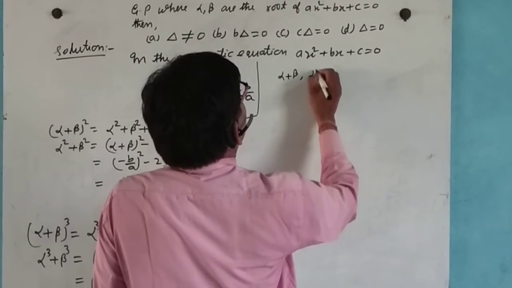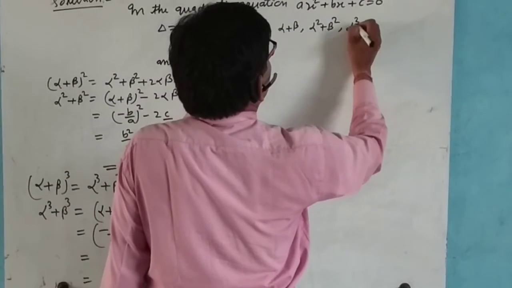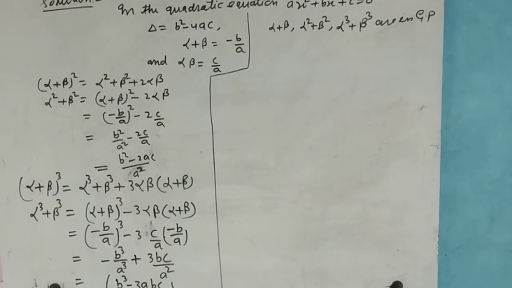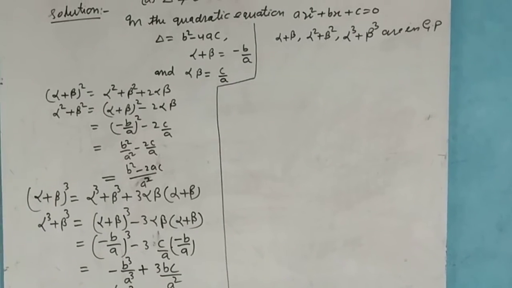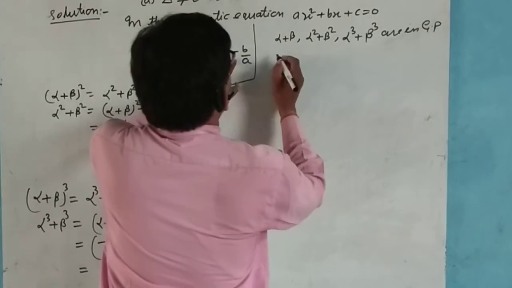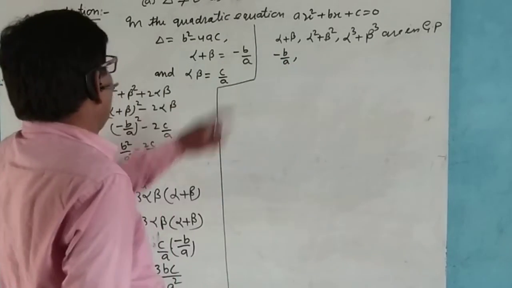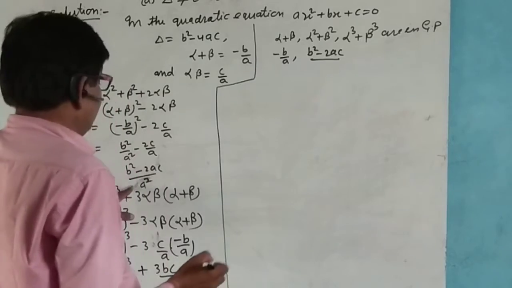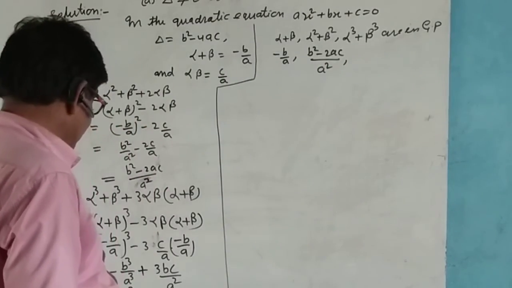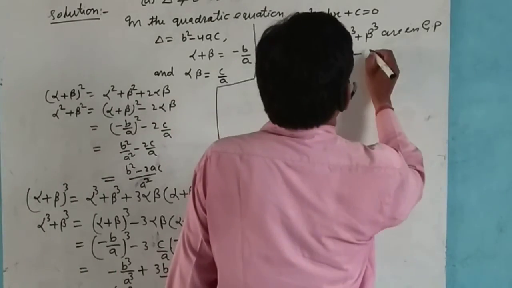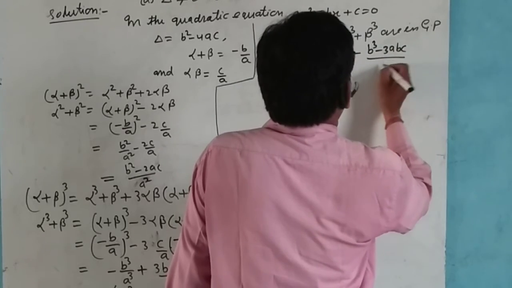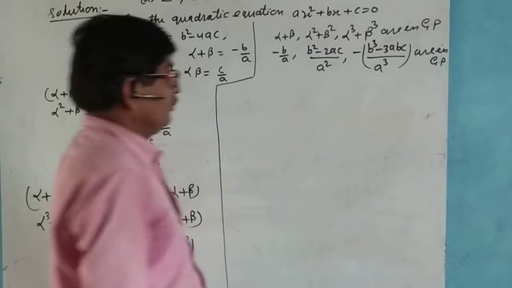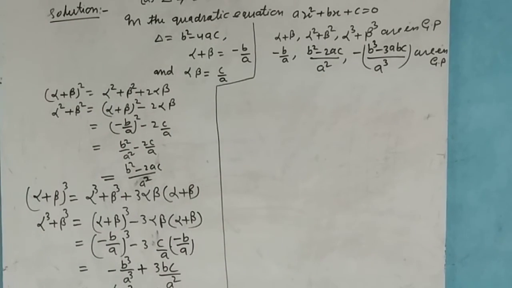It means that putting the value of alpha plus beta, which is minus b by a, alpha square plus beta square, which is b square minus 2ac by a square, and alpha cube plus beta cube, which is minus b cube minus 3abc divided by a cube, are in GP.